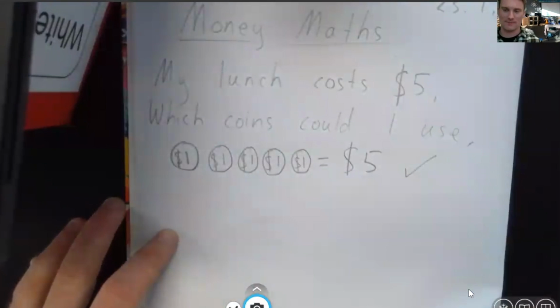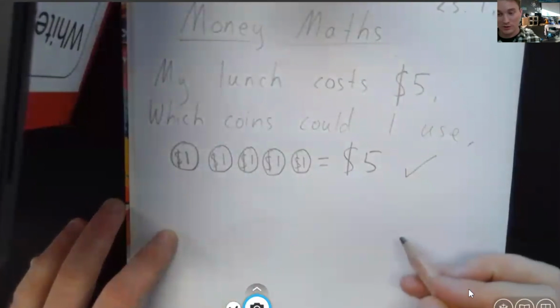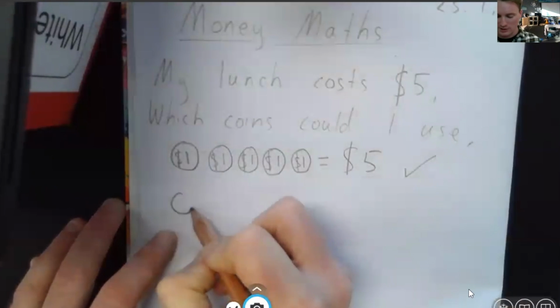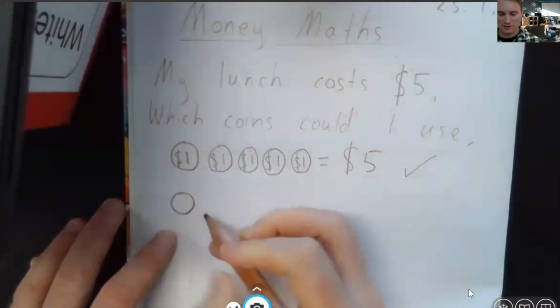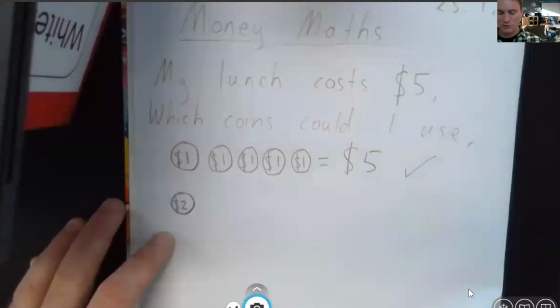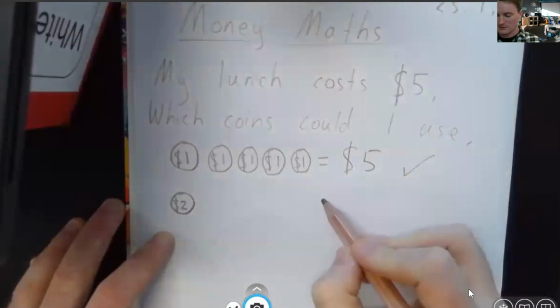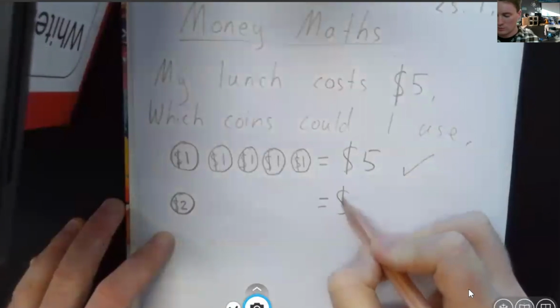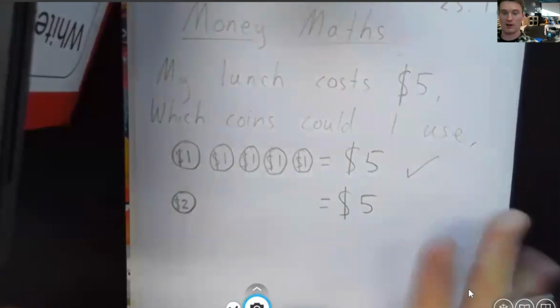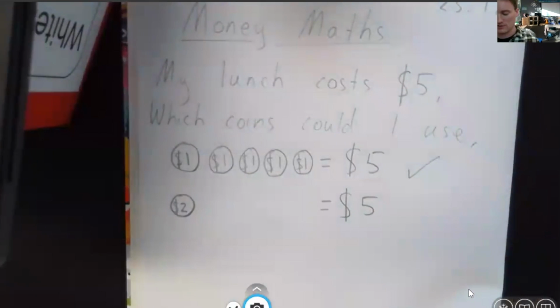Let's do another one. Well, what you could do is you could think, all right, well, let's do a coin that's a little bit smaller than the $1 coin, an S and another line. This time, let's do a 2. Okay. Well, we still need to equal $5, don't we? So have a bit of a think. Pause the video. I want you to write it out yourself.